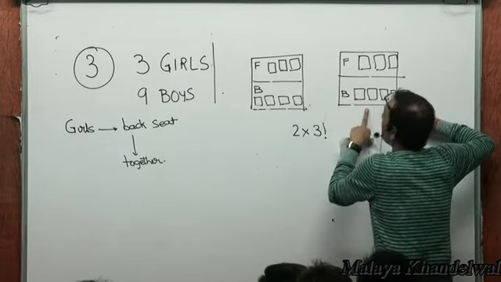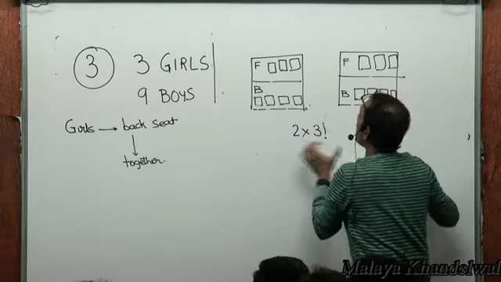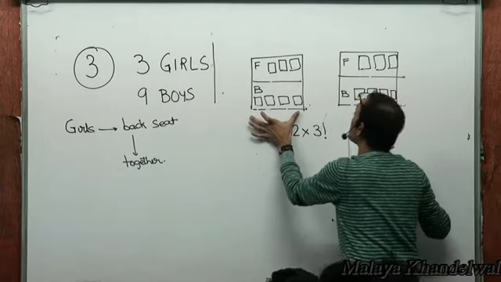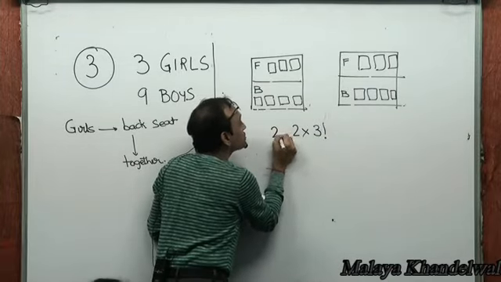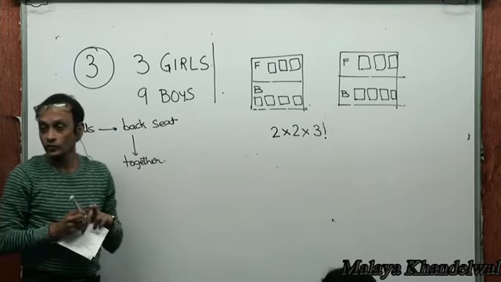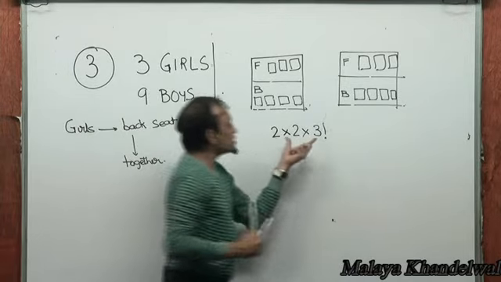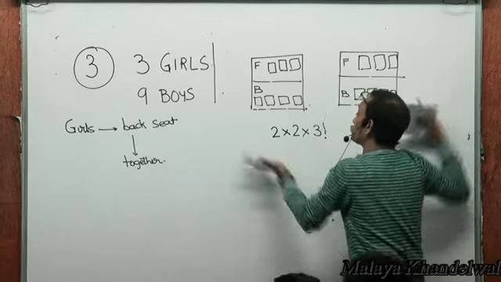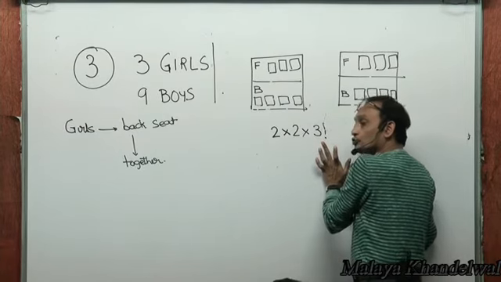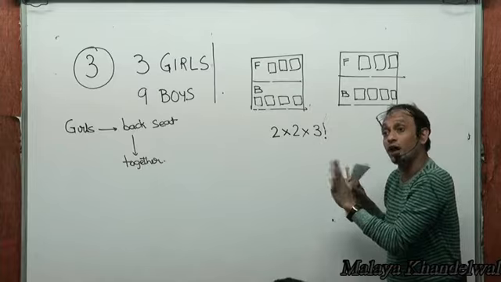But the same thing could have been done to this van. The girls could have been accommodated in these many ways in this van or this van. That means that doubles the number of cases in which the girls could be accommodated. Yes or no? For this van, 2 into 3 factorial ways, and for this van, 2 into 3 factorial ways. So the total number is 2 into 2 into 3 factorial. That's how the girls could be accommodated.